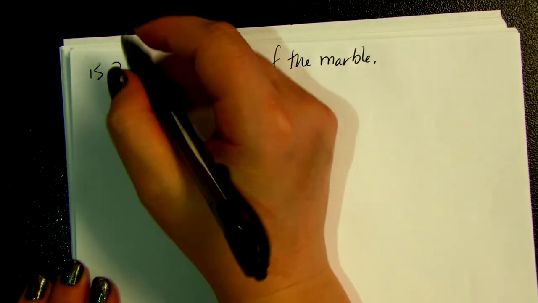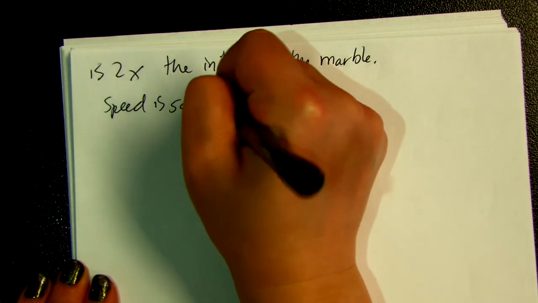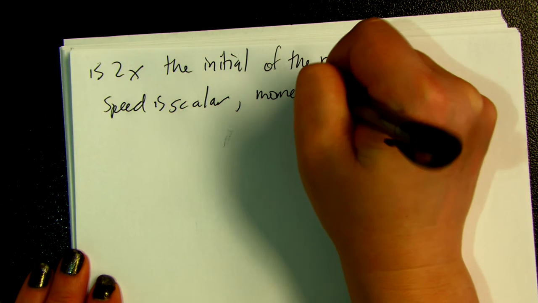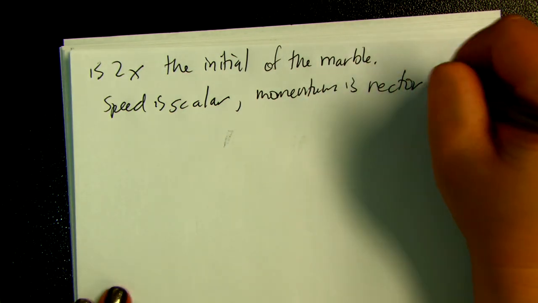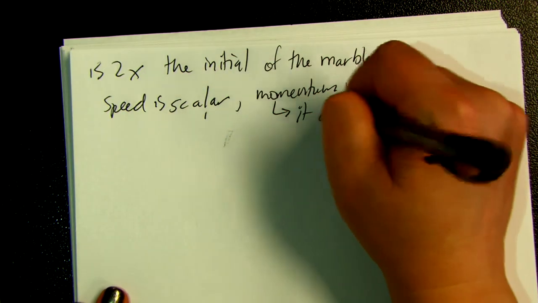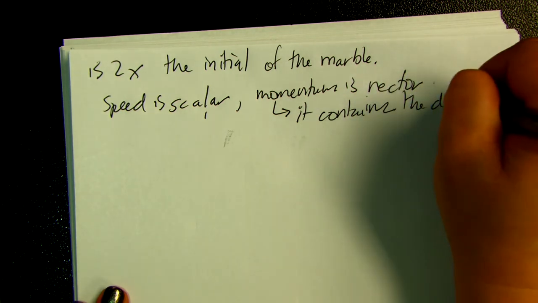So remember, speed is scalar and momentum is vector. And it contains the direction change.